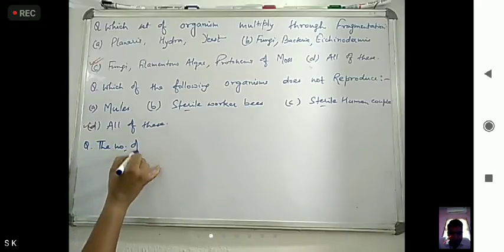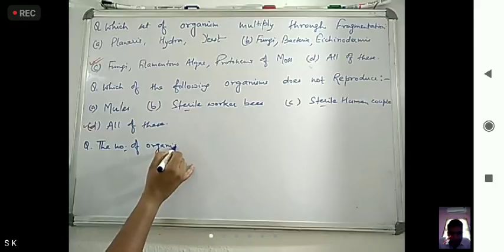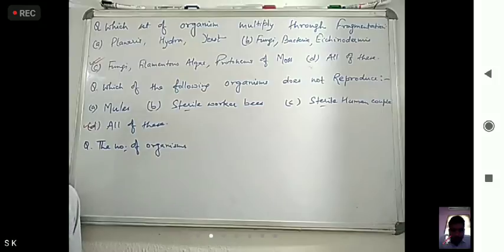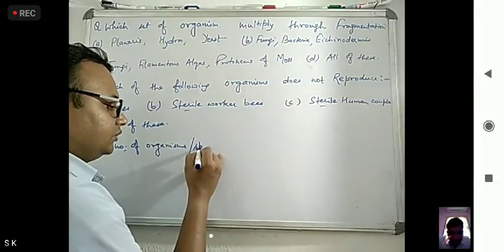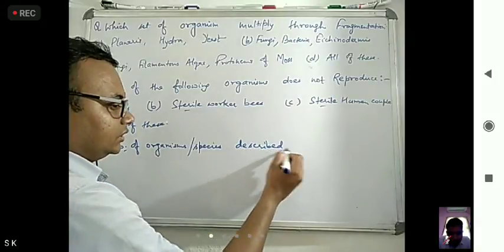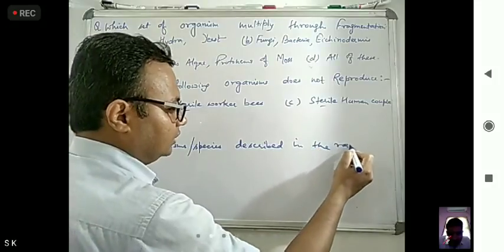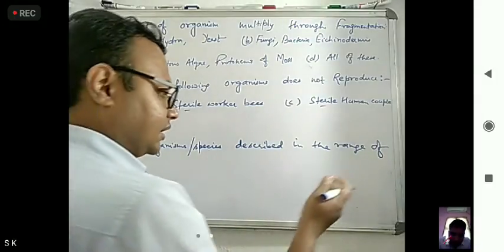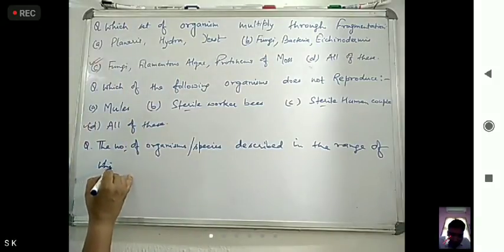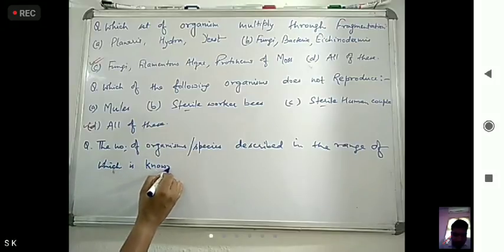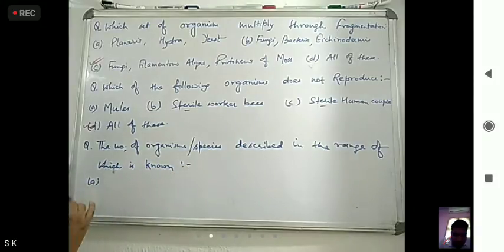The number of organisms or number of species described in the range of which is known. Okay, that is known also. Now options are there.